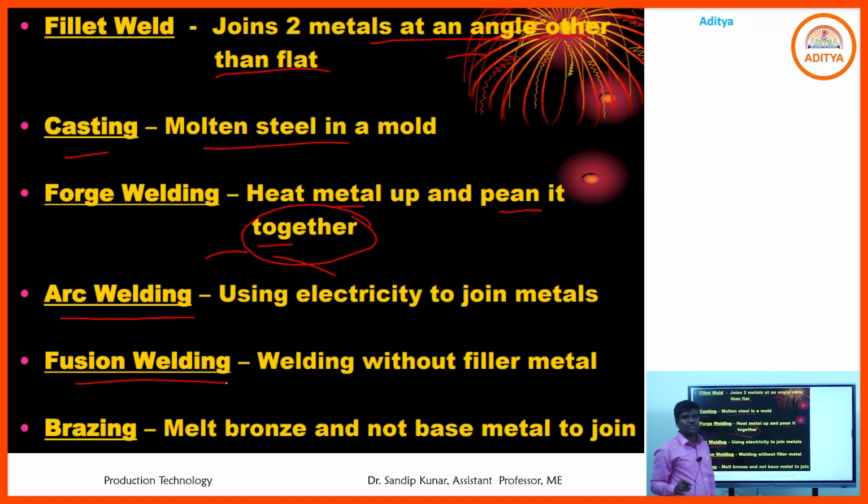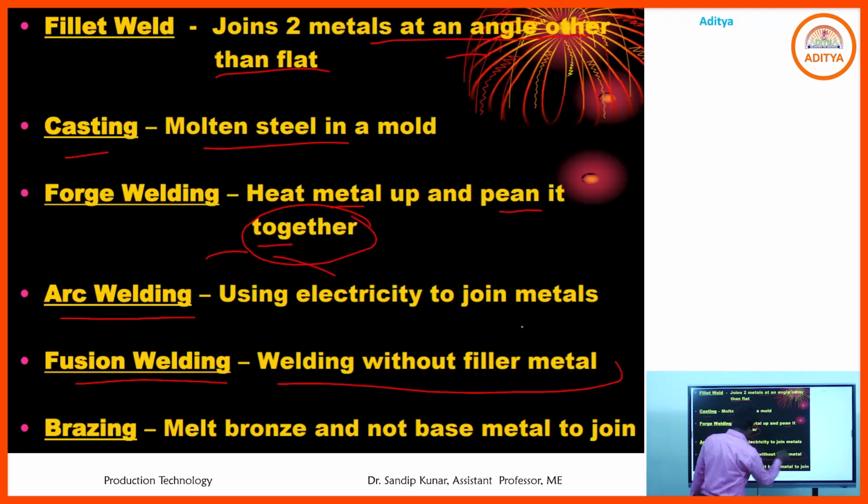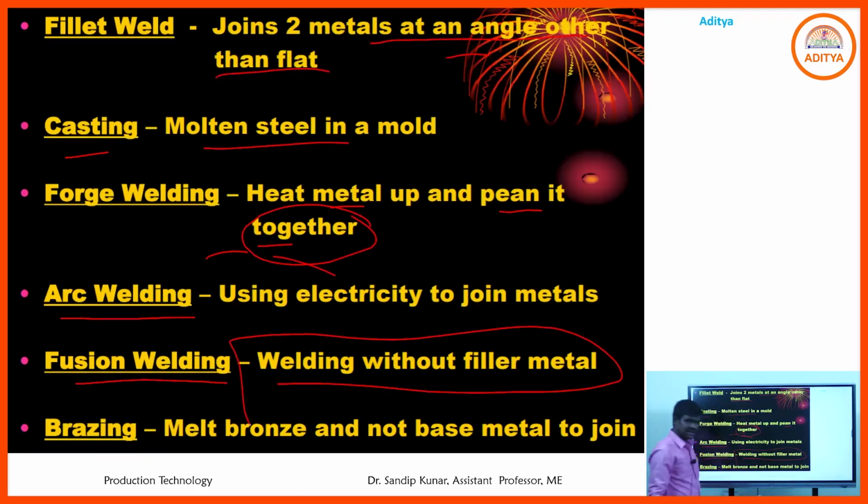Fusion welding: we do some melting of the particular parent metal, and after melting, both metals are joined. Okay, welding without filler material is called fusion welding. Brazing: melt bronze and not the base metal.